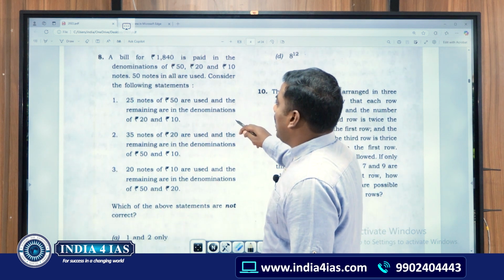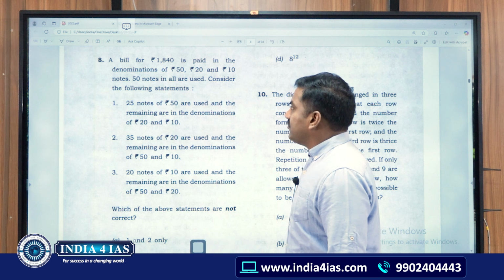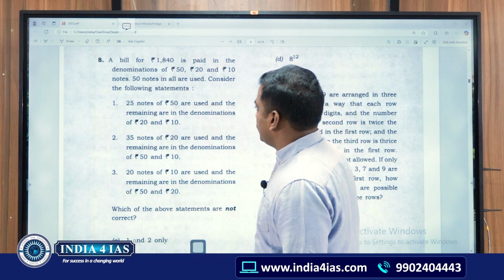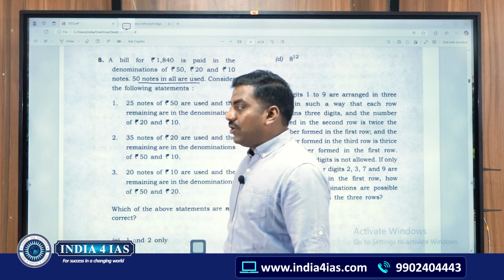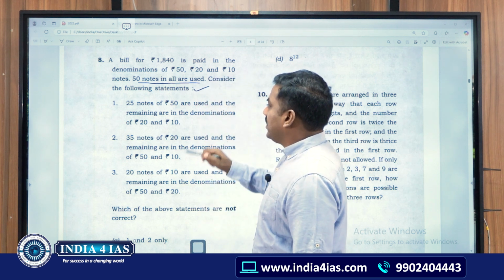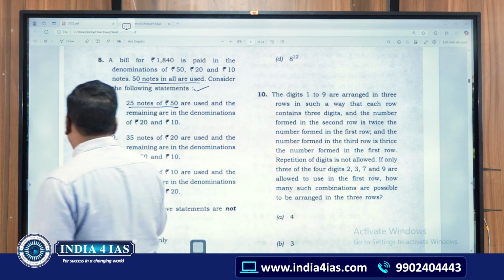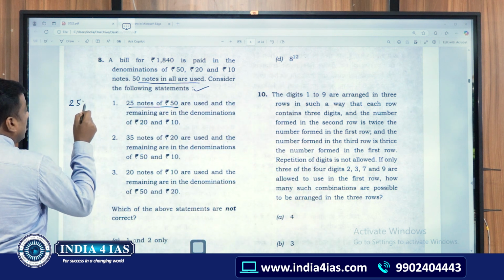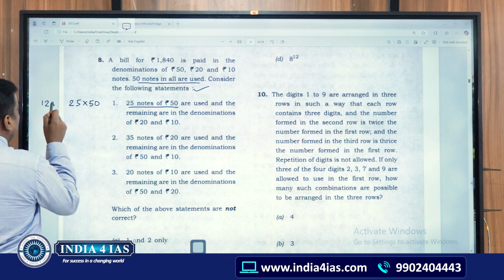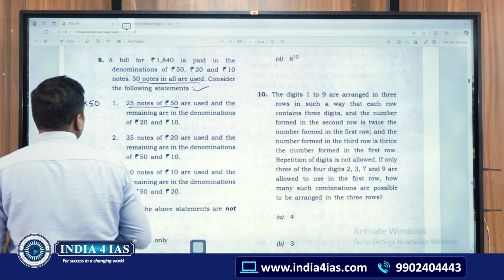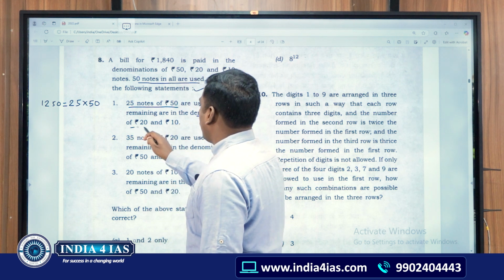Next one, a bill for rupees 1,840 is paid in the denominations 50, 20, 10 notes. 50 notes in all are used. So totally 50 notes are used. Consider the following statements. 25 notes of 50 are used. So 25 into 50 is 1,250. Then the remaining are in the denominations 20 and 10.